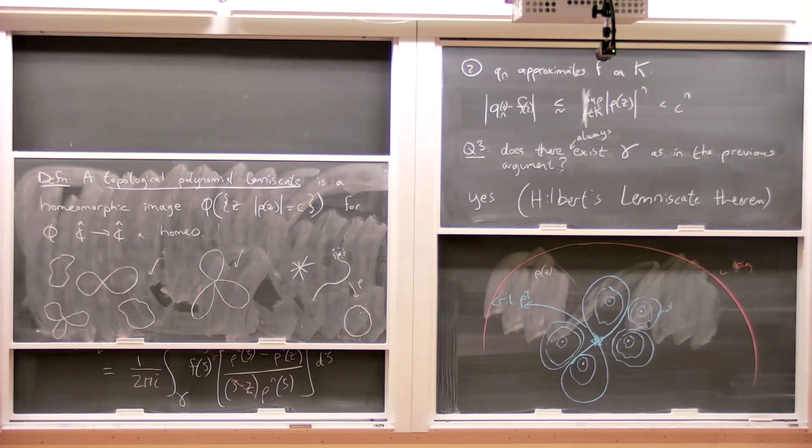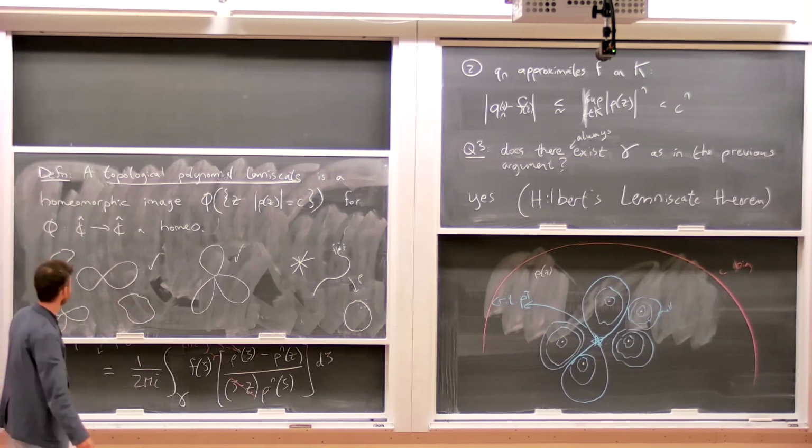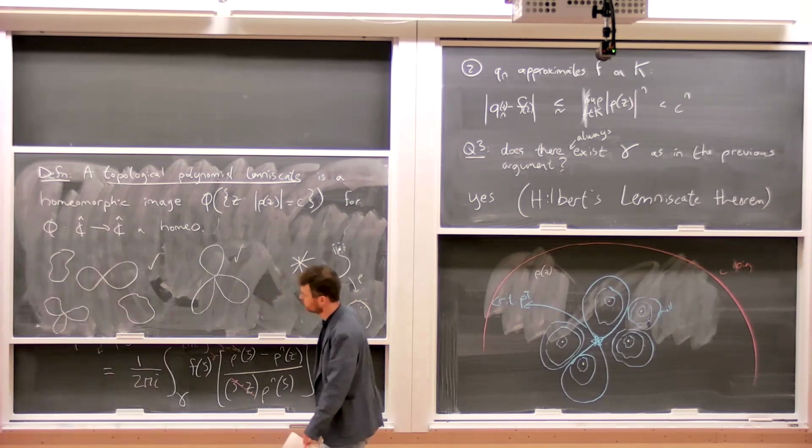So this definition is just saying, throw away anything which fails to be a lemniscate for topological reasons. A more intrinsic definition, which you'll see in the paper, has no reference to polynomial lemniscates.